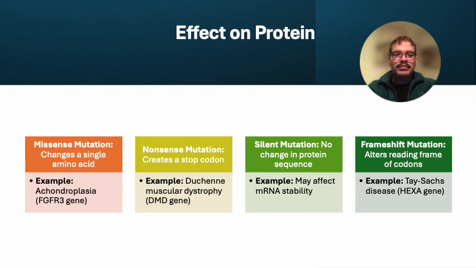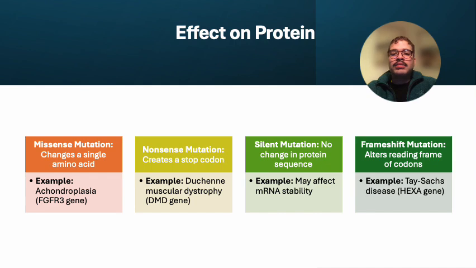A nonsense mutation creates a stop codon, which basically tells the sequence to stop and cuts it short. We can see this in an example of Duchenne muscular dystrophy, where the DMD gene is cut short.